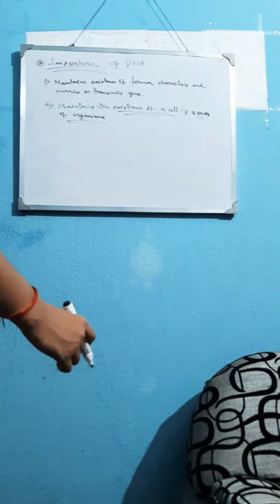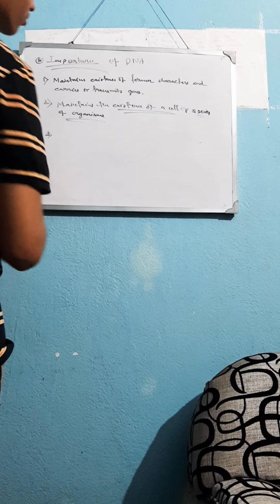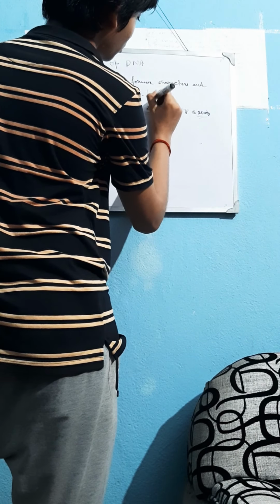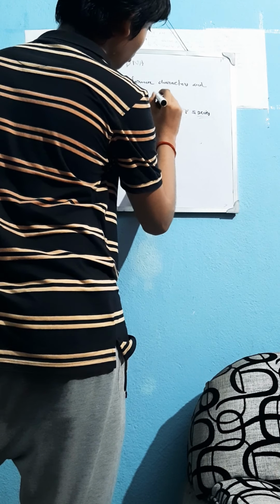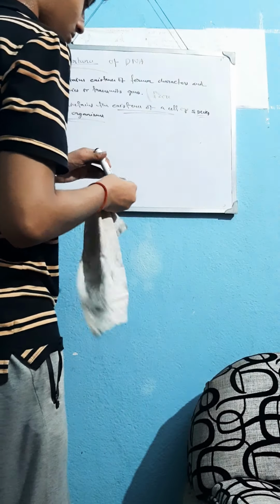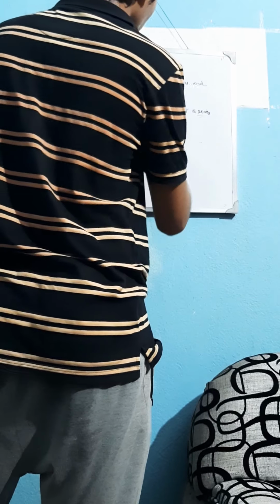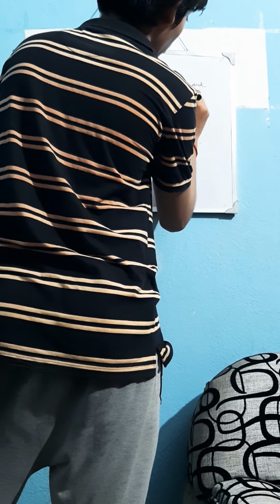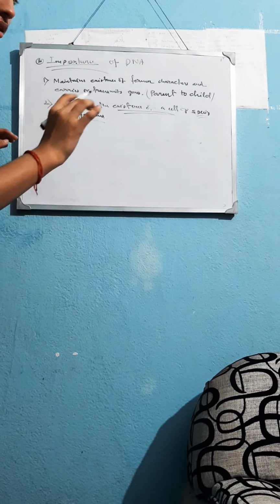So these two are the main characteristics, and the third, which I must mention here, is from parent to child. So from parent to child, it maintains the existence.